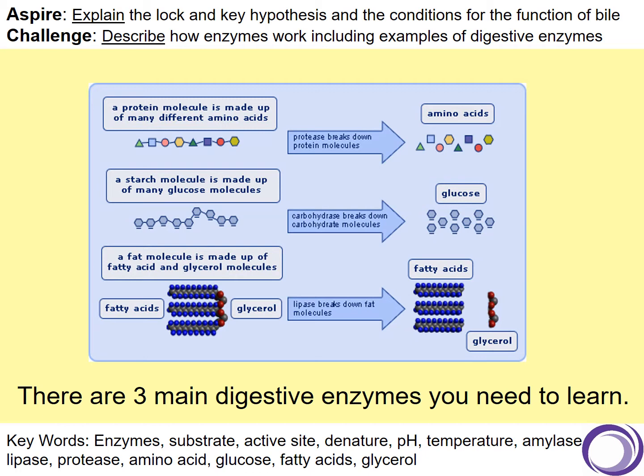Most students get the fatty acids part, but forget glycerol. Please don't forget glycerol. I'm just going to give you an example of a carbohydrase enzyme because we talked about it in the last lesson. It's called amylase. Amylase is the enzyme that breaks down starch into glucose. It's just an example of one of those types of enzymes.